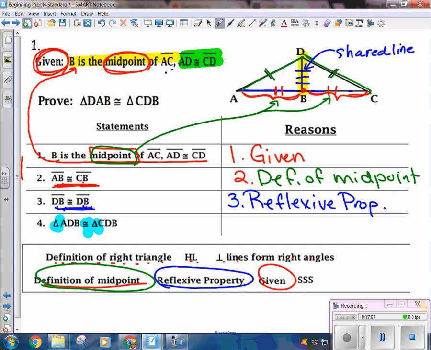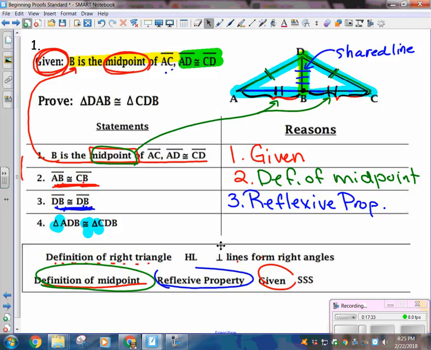So it looks like I'm trying to prove triangle ABD, or ADB, is congruent to CDB. So the triangle on the left is congruent to the triangle on the right, but how do I know that? Well, I do have some things to look at. It could be HL, or it could be SSS. Those look like the two I would probably choose from, because those are two of the 5 ways that we've already learned to prove triangles congruent.